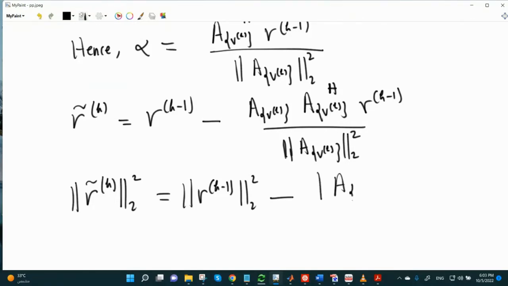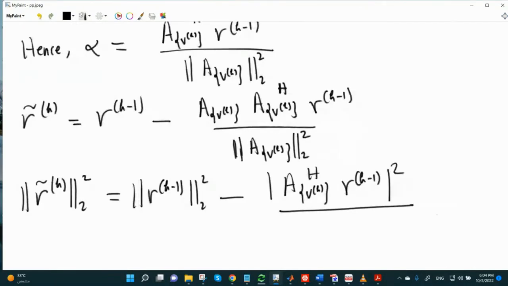This will be a_K Hermitian R K minus 1 magnitude squared divided by this quantity.